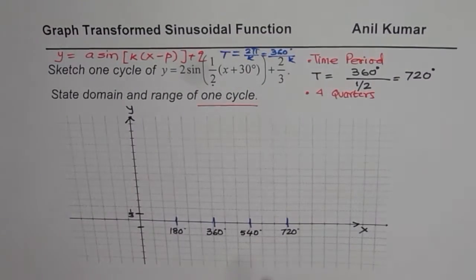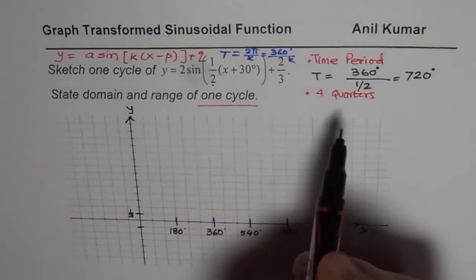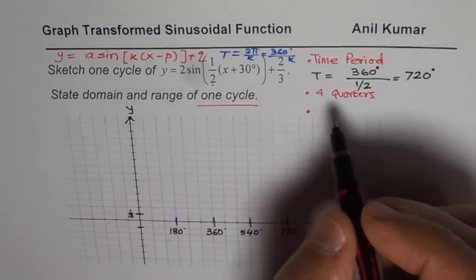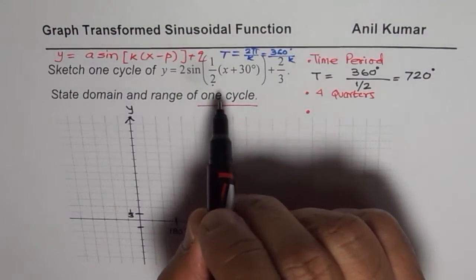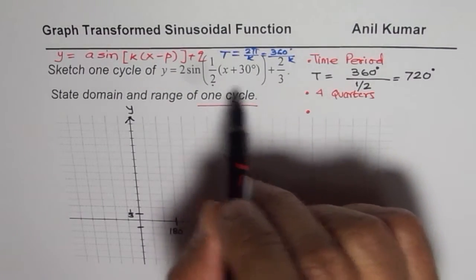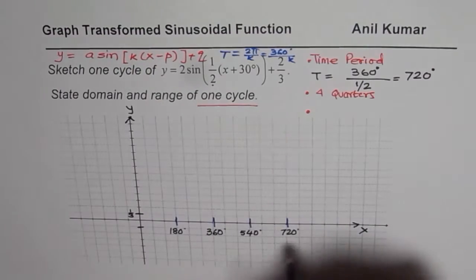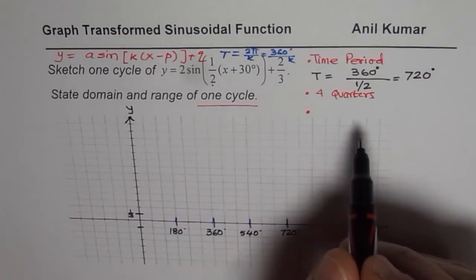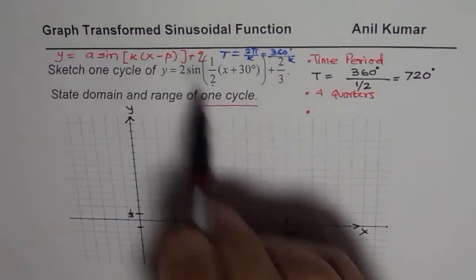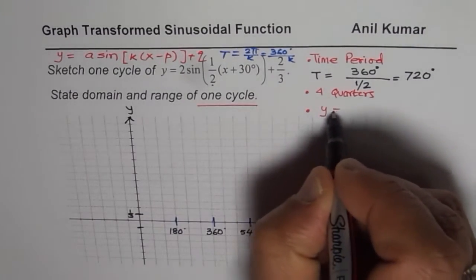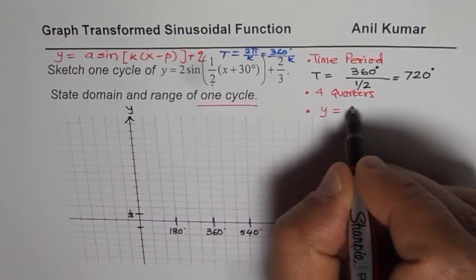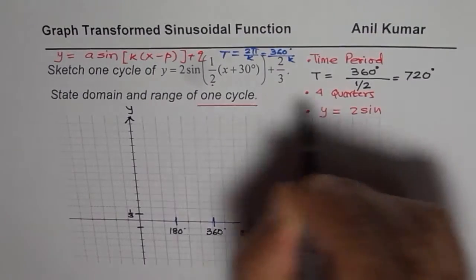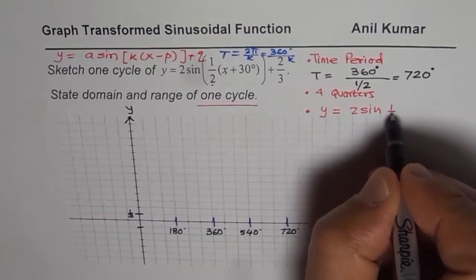as shown here. Now in the first phase we'll actually draw 2 waves to show all the transformations. In the first wave we'll take care of multiplication. That means we'll sketch the function y equals 2 sine half x.